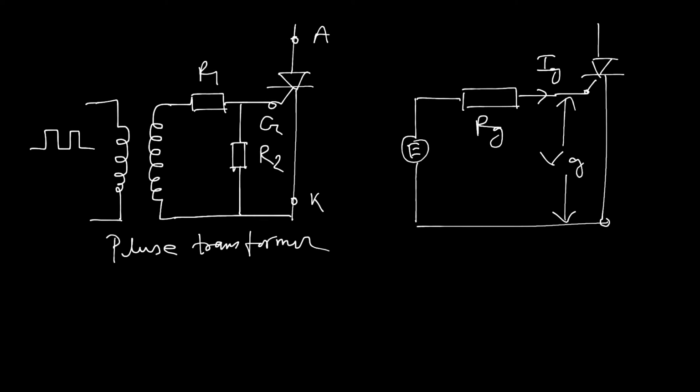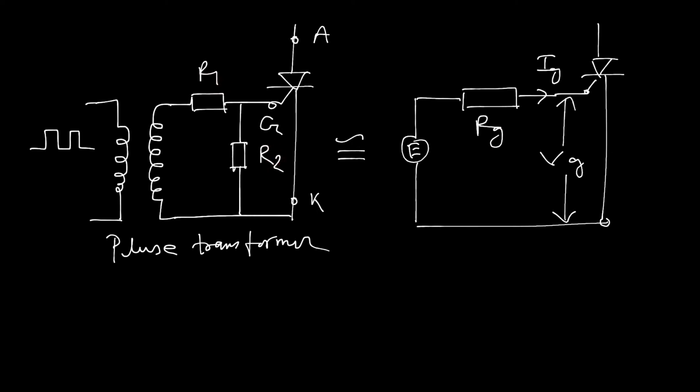So this is the Thevenin equivalent circuit, in which E is the open circuit voltage source, which is taken from the basic circuit of the firing circuit of the SCR, and RG, that is the combination of R1 and R2.